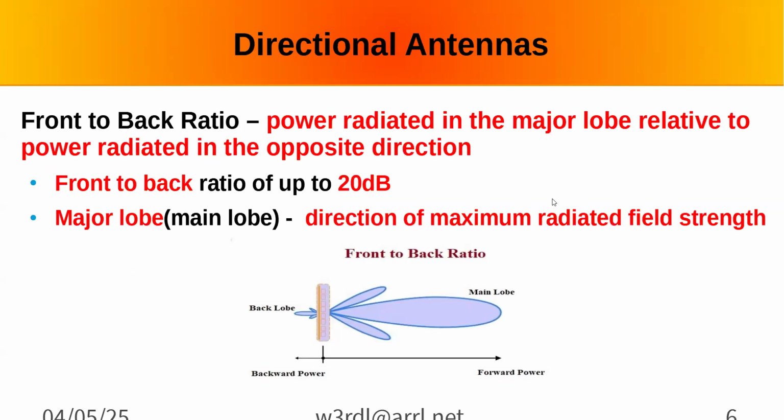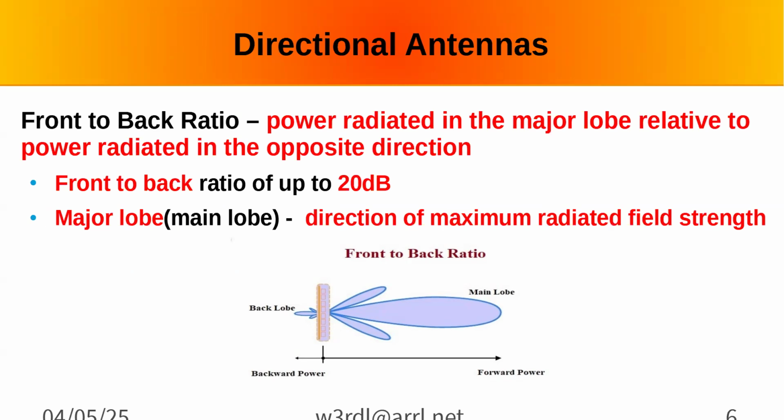Okay, front to back ratio we talked about. It's the major lobe relative to the back lobe or power in the opposite direction. For some Yagis, you can get up to 20 dB, but there's trade-offs.